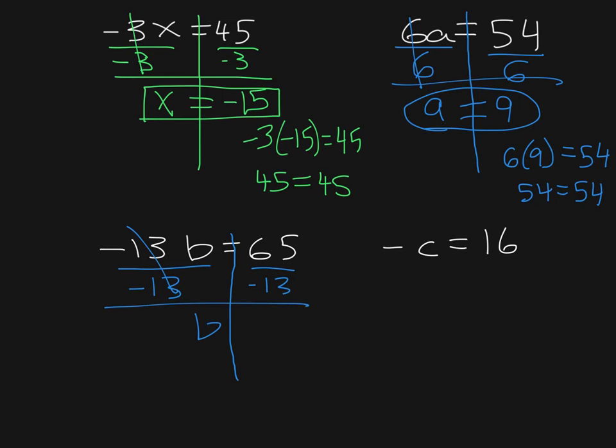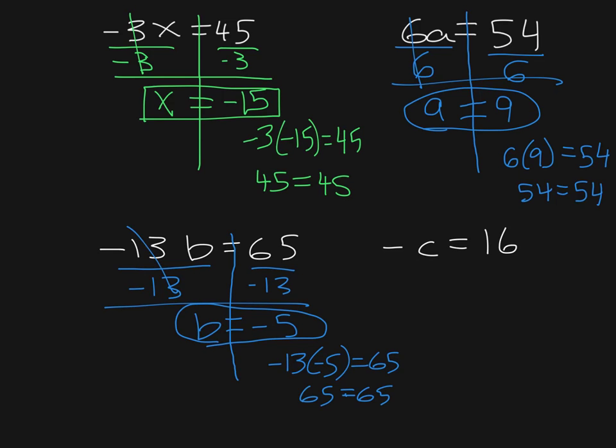We have 1b equals negative 5. 65 divided by negative 13 is negative 5. And now when I substitute negative 13 times negative 5, I get 65. Always a good idea to check our solutions to make sure we didn't make any mistakes.